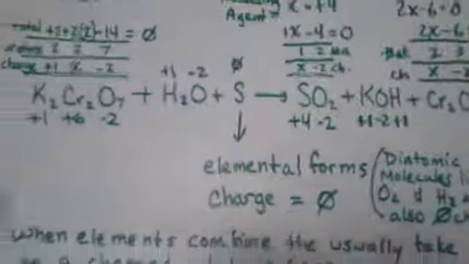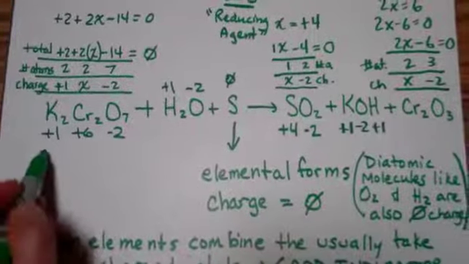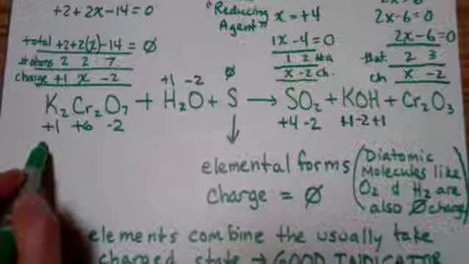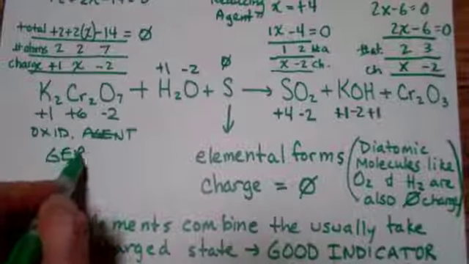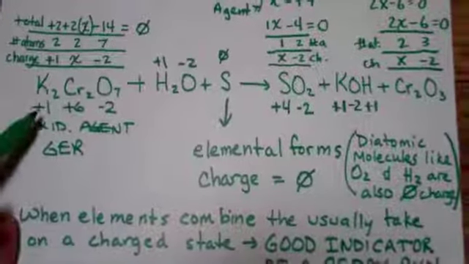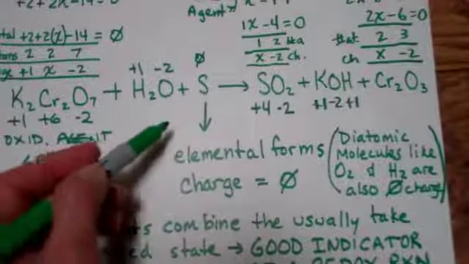So if we look at our entire equation one more time, we could say that this is the oxidizing agent. It is also the GER part of the equation, so it is the reduced component, or what's going to get reduced. This is the reducing agent.